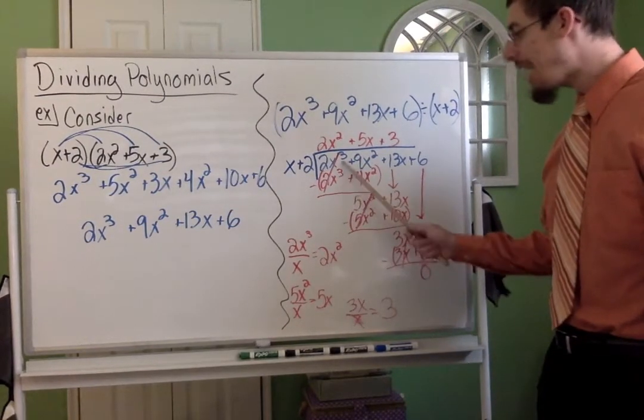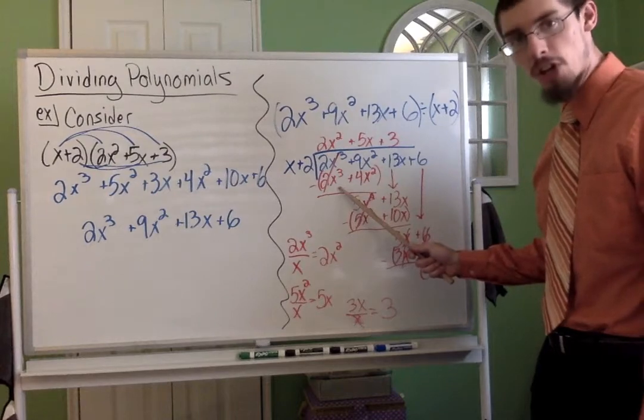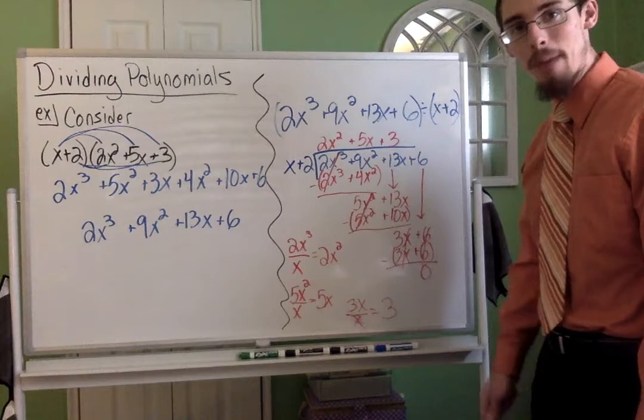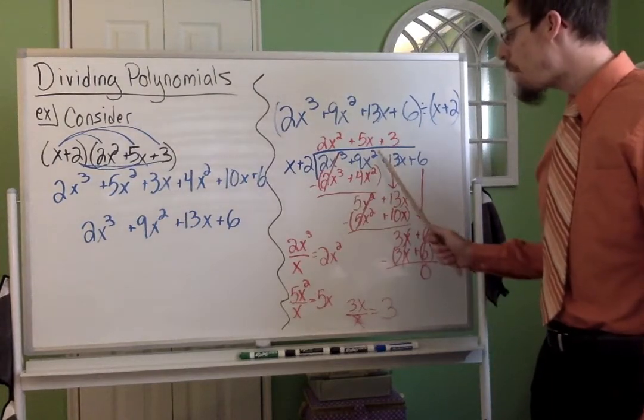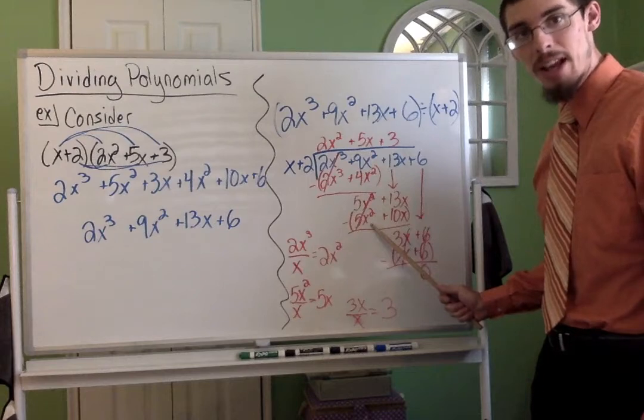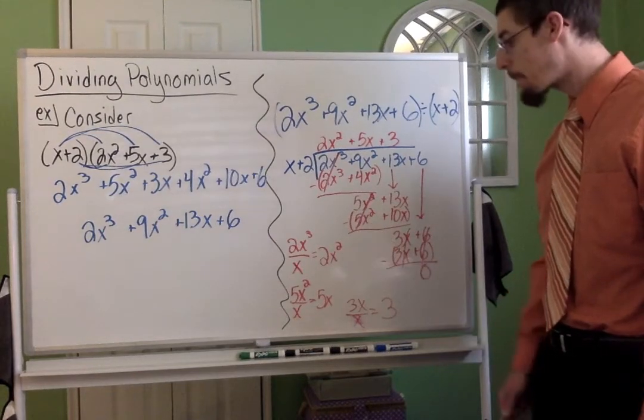Remember, you can't subtract terms in a polynomial unless they have the same exponent, which means you have to make sure you always have the same exponent in a particular column.